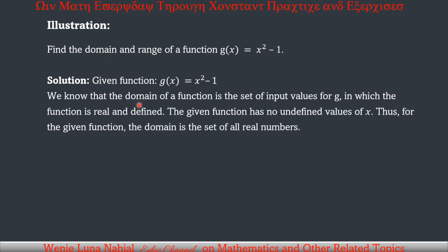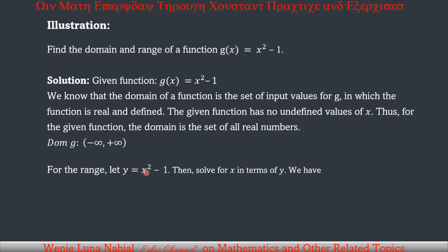Then we know that the domain here in this function g, you can replace x by any real number and it gives you a real number. So function g is defined for all real numbers. Therefore, our domain of g is the set of real numbers. So we have this open interval, negative infinity, positive infinity.